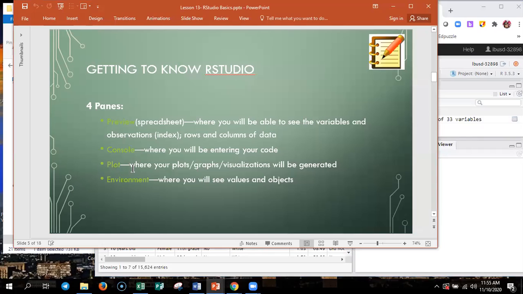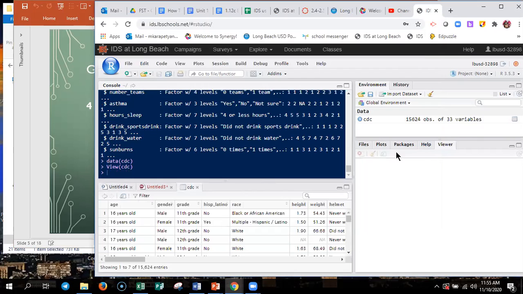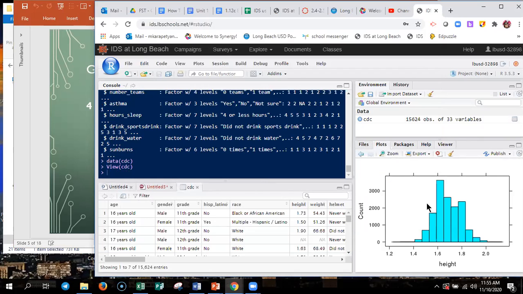And then you have your plot. The plot area is right over here where we have the files. And over here, you see how I've made a histogram? So when I go under plots, I can actually see my histogram that I've created, and whatever other stuff I've created as far as my plots go.